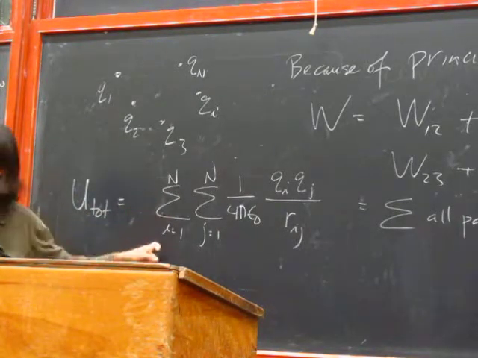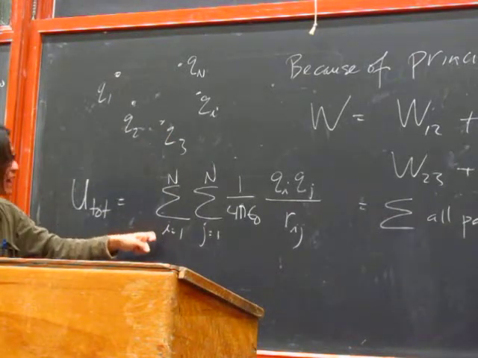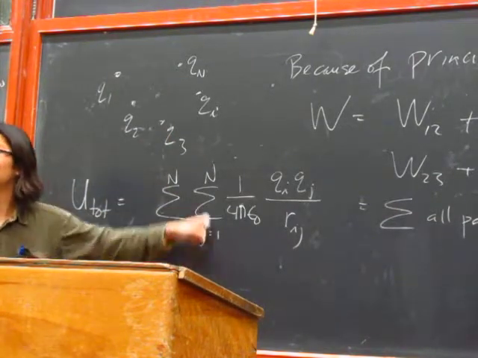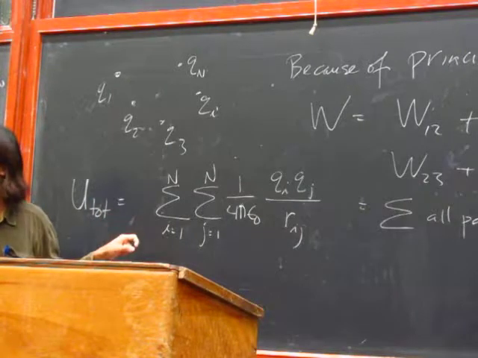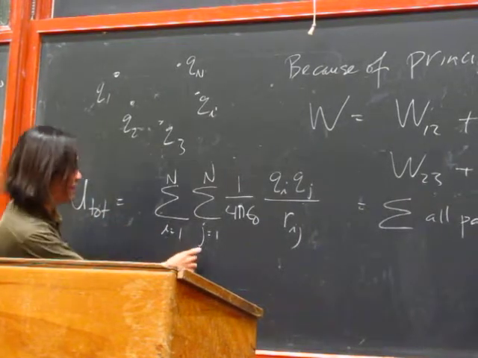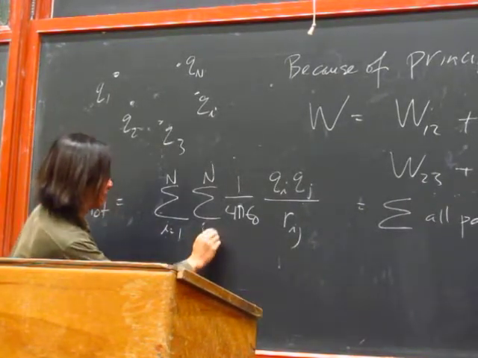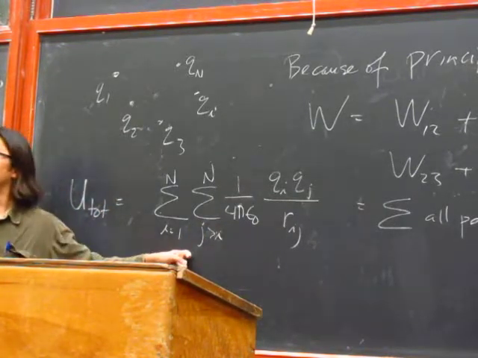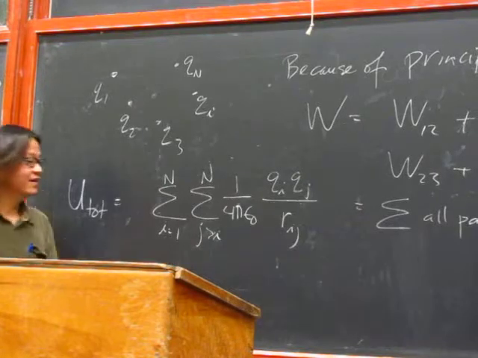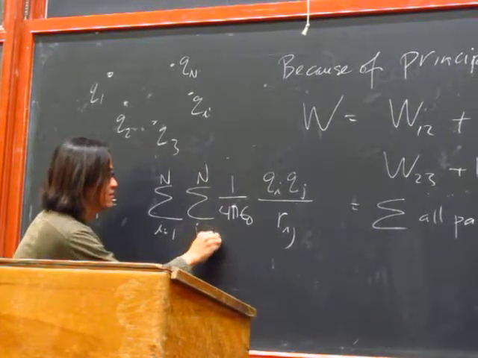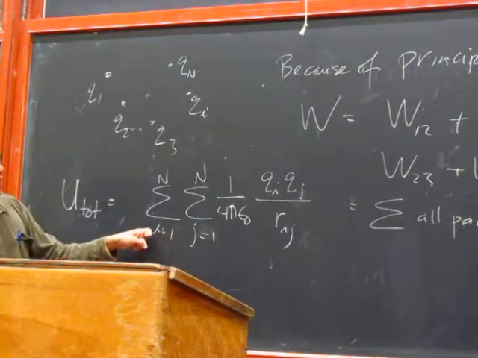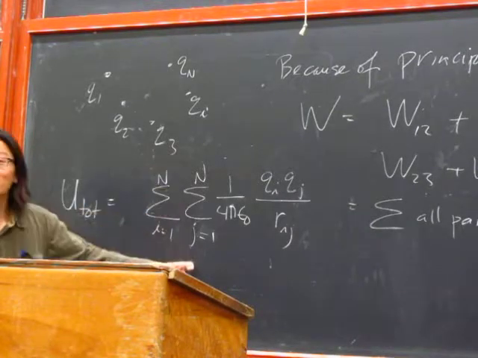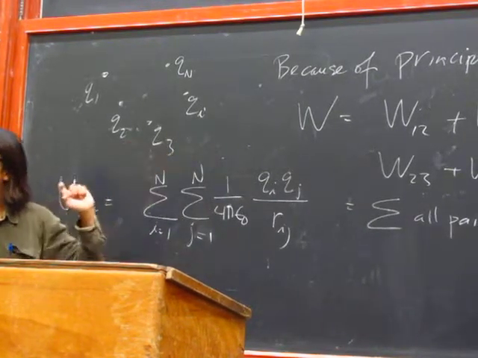But it's easier to just let i go from 1 to n, j go from 1 to n, but I'm not done. But you have the point. Sometimes you have to go from j greater than i or something, but this is too confusing. It's easy to just sum for i from 1 to n, j also from 1 to n, but then you do double counting.